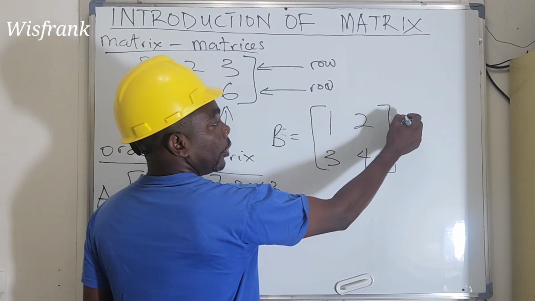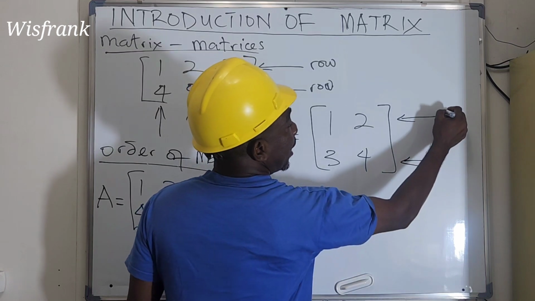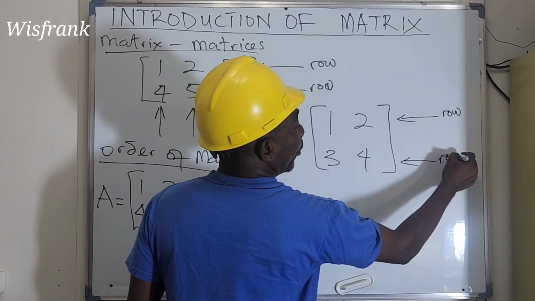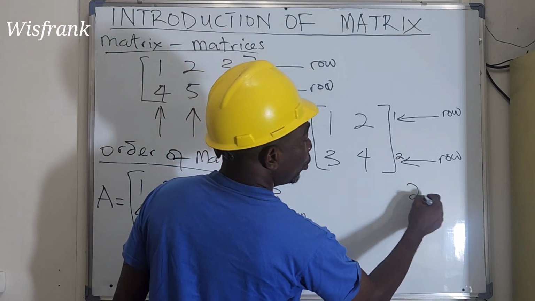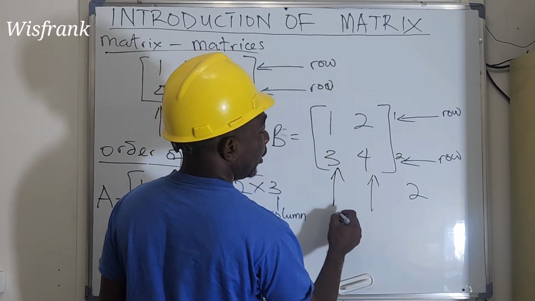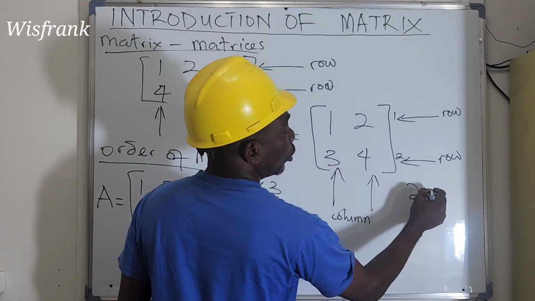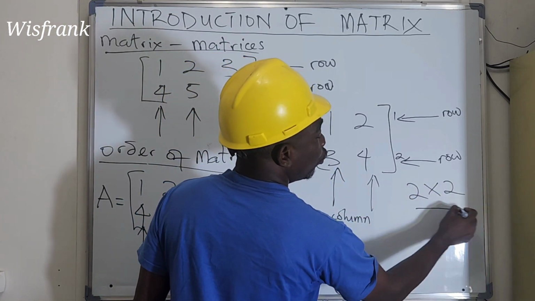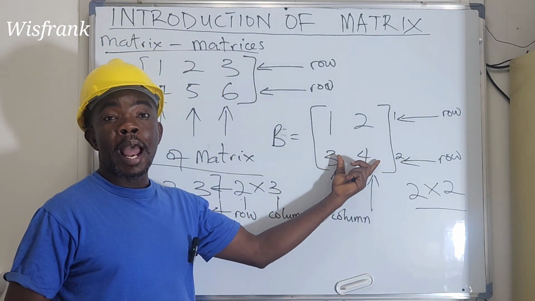We all know that this arrangement horizontally is a row, so we have 1, 2, so we write 2. The arrangement this way is a column, so we have 1, 2. So this is a 2 by 2 matrix, and it is arranged in a square array.